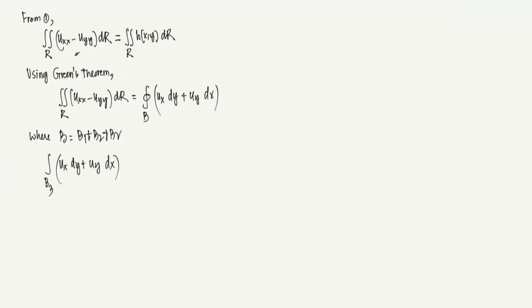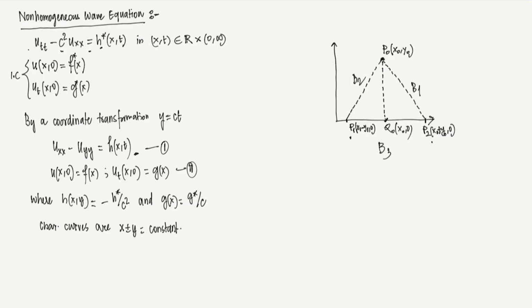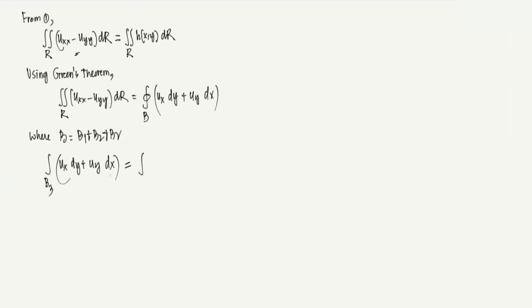What happens to this particular term? What is the change in y in this direction? There is no change in y, right? In B3 we are just doing it on the x-axis, so the y coordinate doesn't change. So the dy part is basically 0. So this becomes uy dx. And where is x varying from?